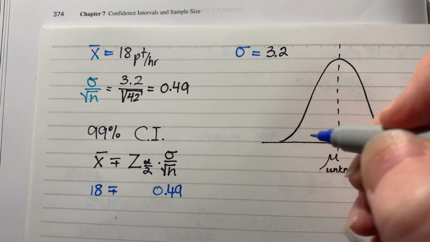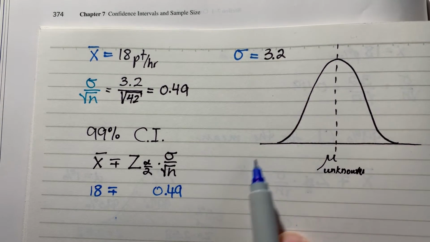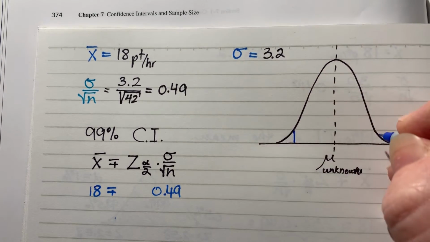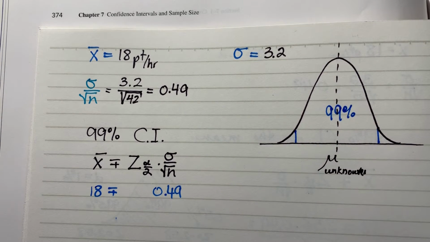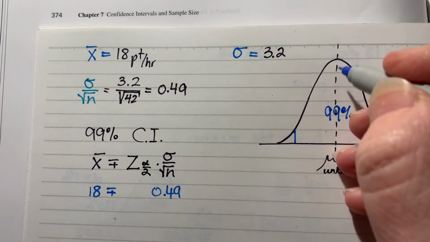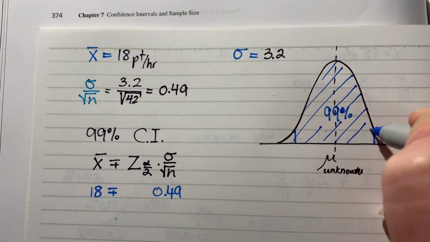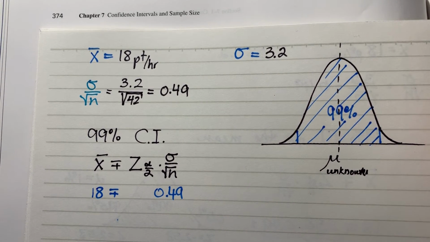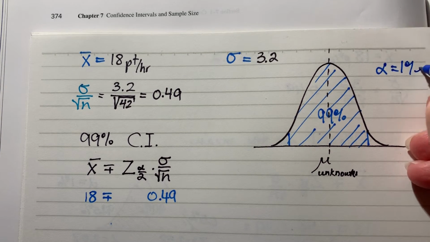Now, my critical value, if this is the sampling distribution of all 42-hour samples, then I would like to figure out what this 99% confidence interval is going to look like. Now, my mu is unknown. All right, so I am going to look up in my z-chart what this area is. My confidence level is 99%, so that leaves for my alpha 1%.